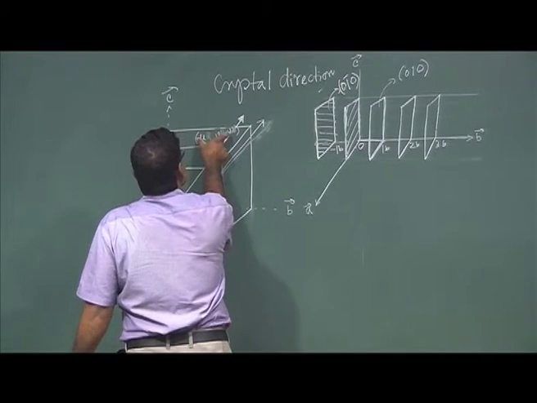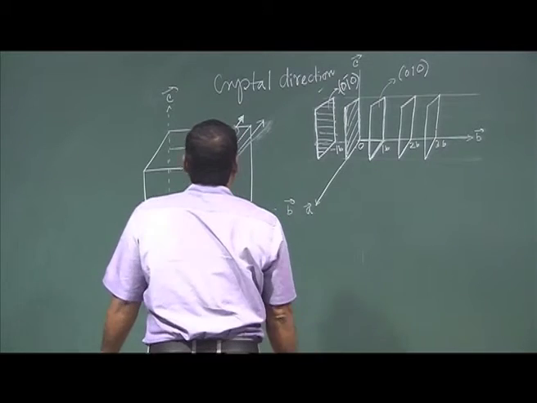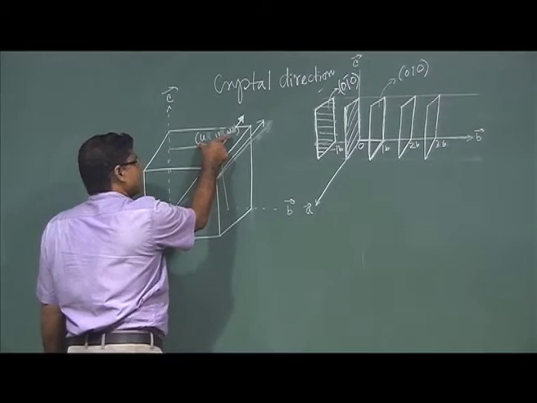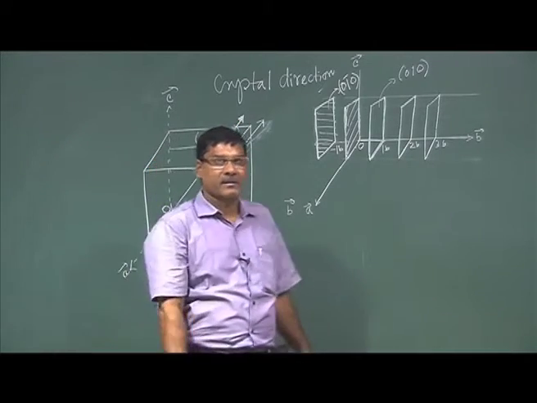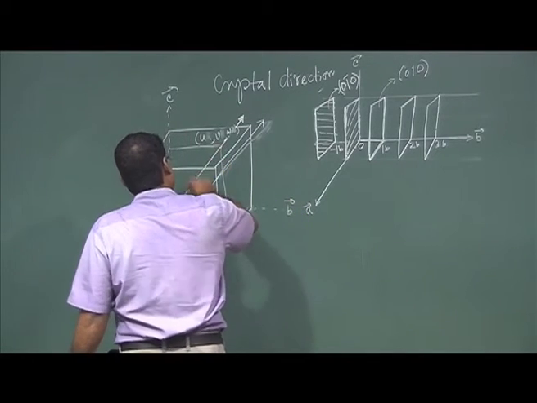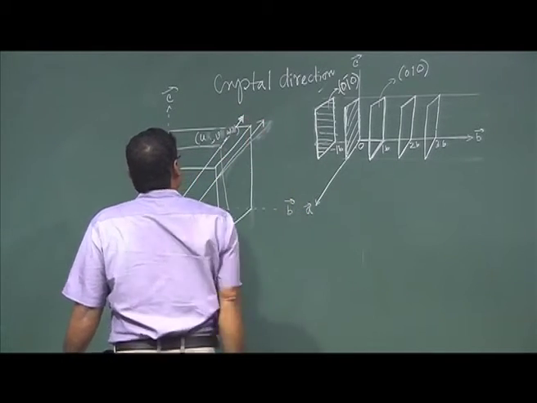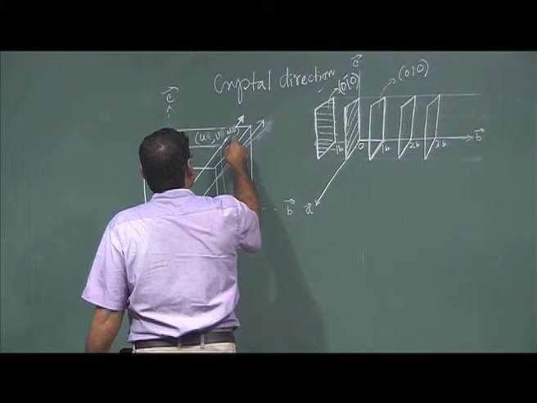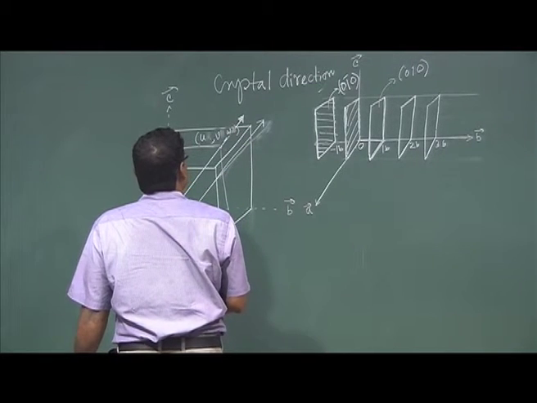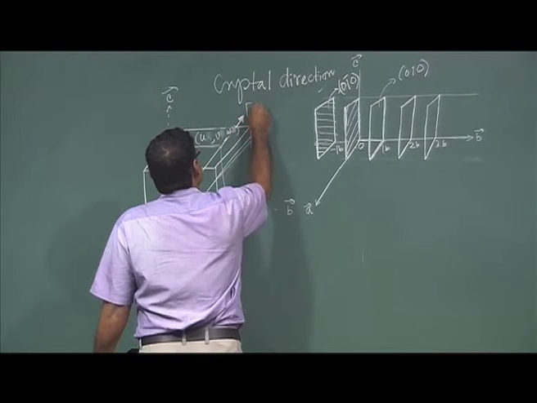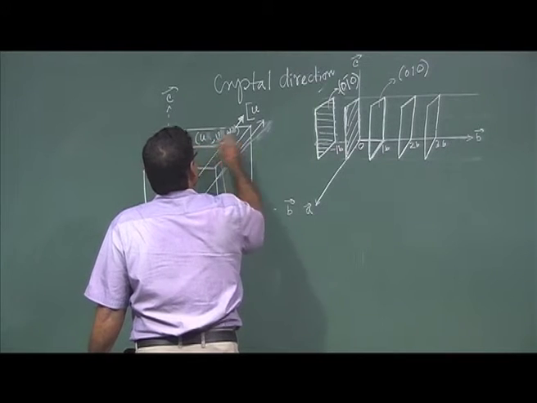Whatever coordinate we get, we take it to represent the direction of this line, okay. So, that will be the direction of the crystal we want to find out. These indices u v w are written in third bracket.